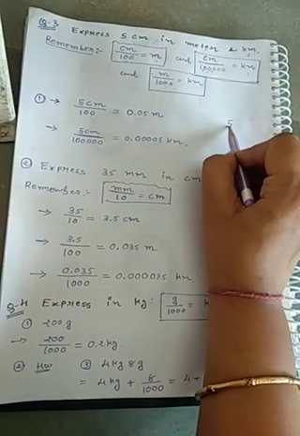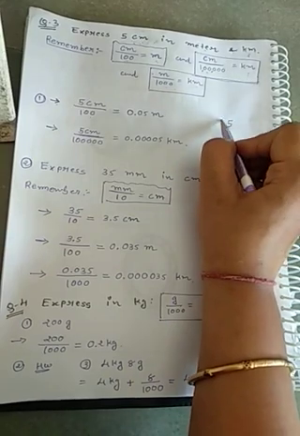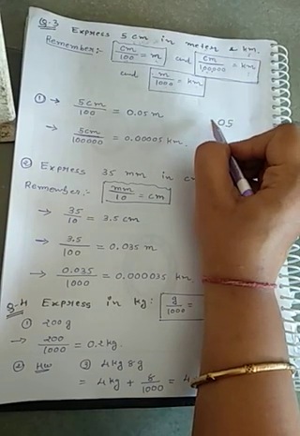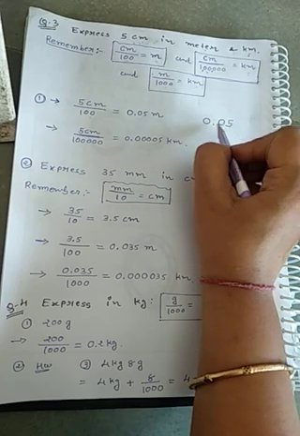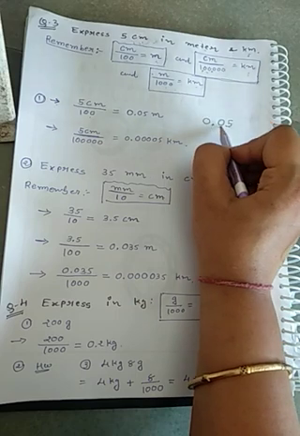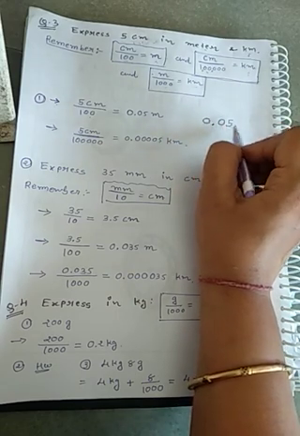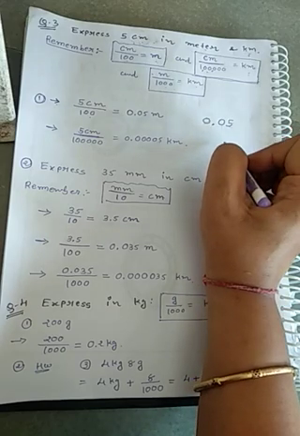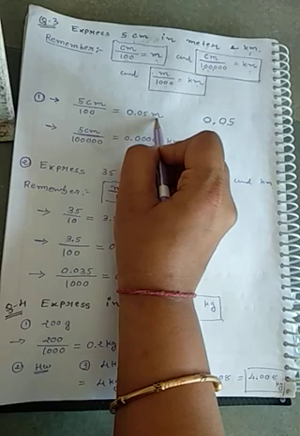So starting from the right we will move to left direction, 1 and 2, then after decimal. So before 2 digit 0 will come. Here digit were not there, so we can put 0. Clear? It will not change our value, right? So the answer is 0.05 meter.